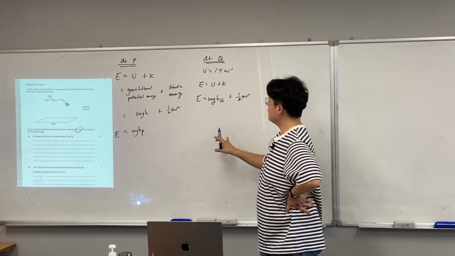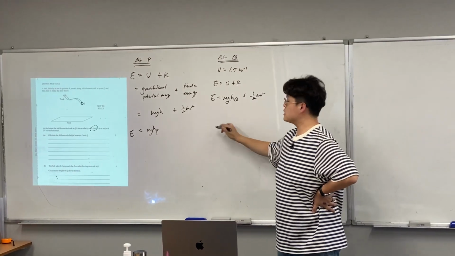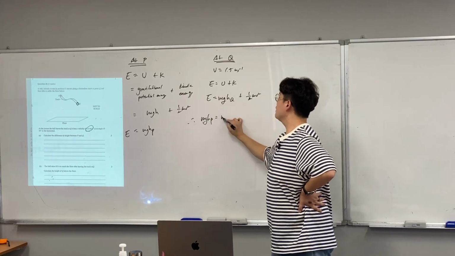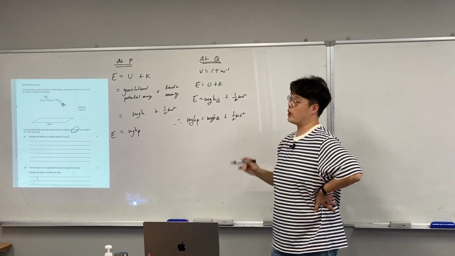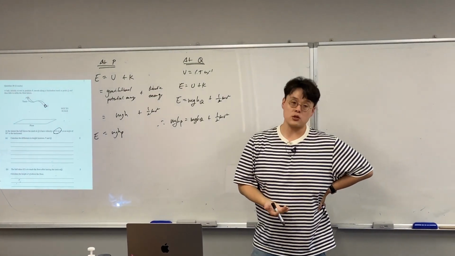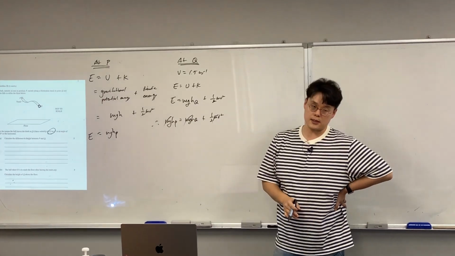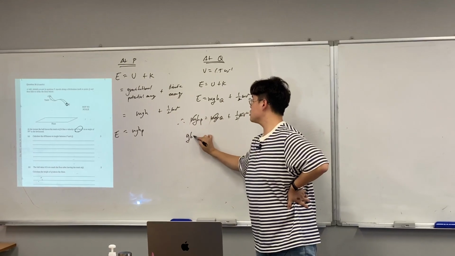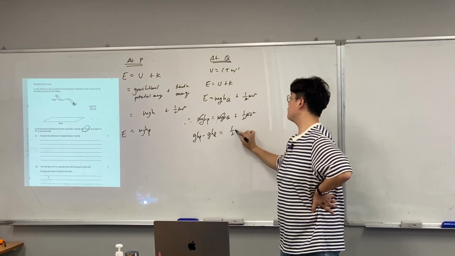Okay. Then can I just say these two are the same amount of energy, which means mghP is then mghQ plus half of mv squared. You do not need to know the mass of the ball because the mass will be cancelled on all sides here. Move that side to here, the g hP minus g hQ gives us half of the v squared value.